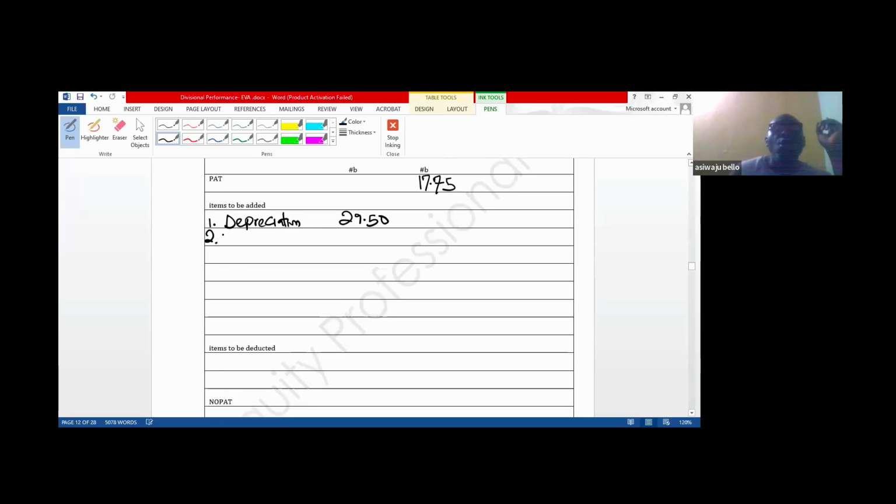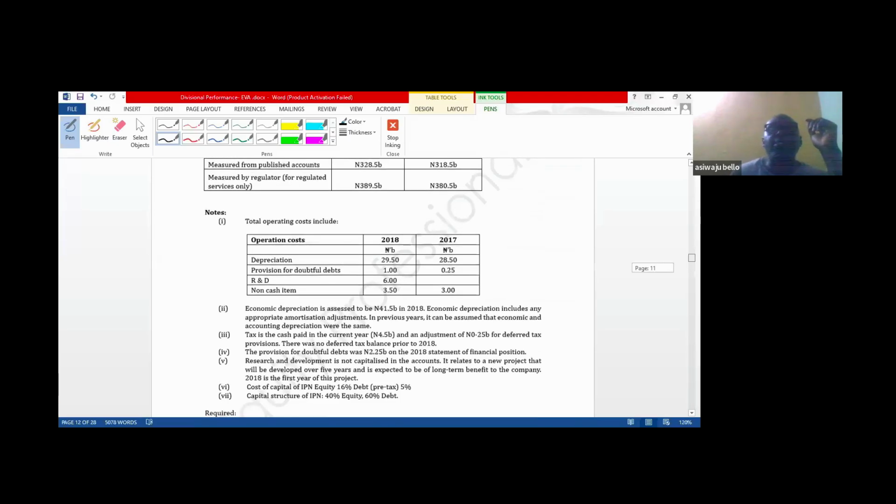2. Provision for doubtful debt. Item number 2 to be added.